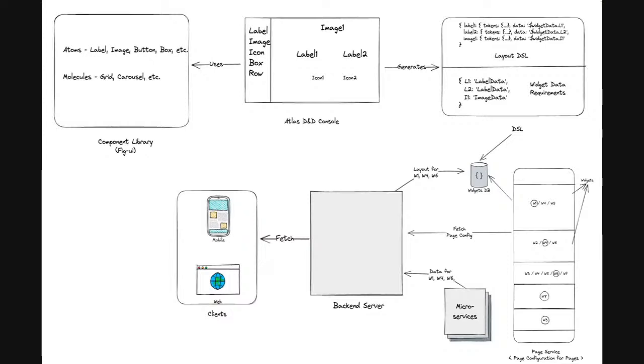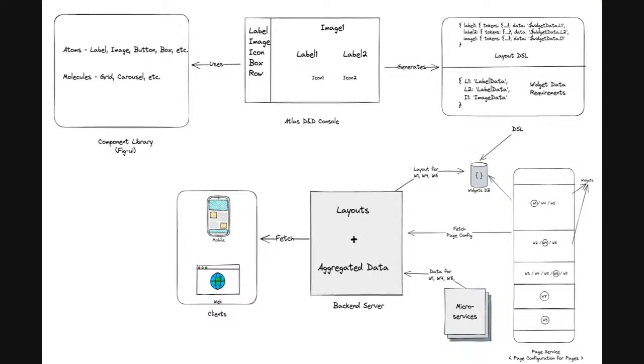So depending on all the data that is aggregated and collected for that particular layout, the backend server will return the layout along with the aggregated data for the entire page. So it serves as an aggregator layer which constructs the entire aggregated response for each of the slots, and now it sends back the response to the clients.